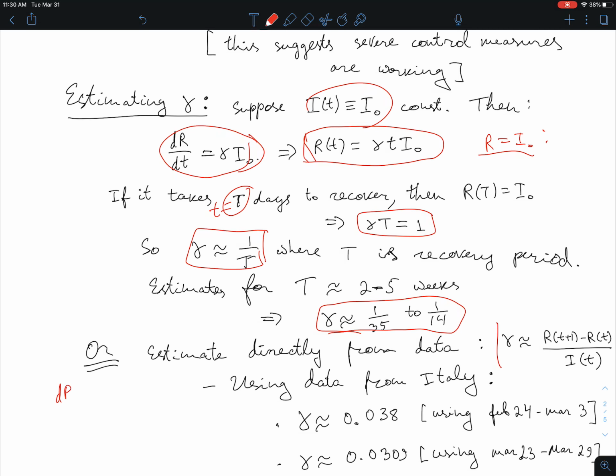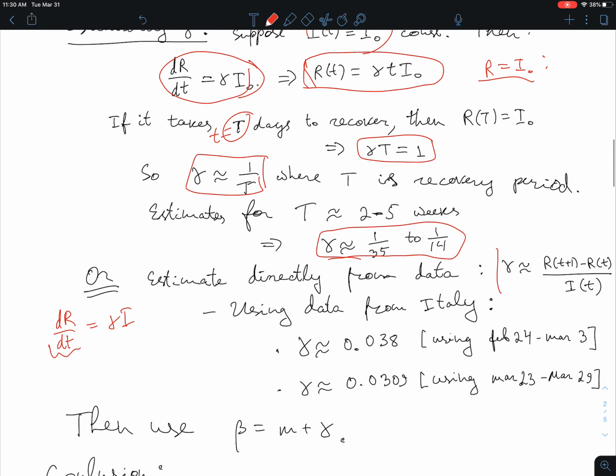If we take the equation dR/dt equal to gamma I, and we approximate the derivative by R of t plus a divided by R of t, divided by a, where a is the number of days, and if you take the number of days equal to 1, then I get this rough estimate for gamma.